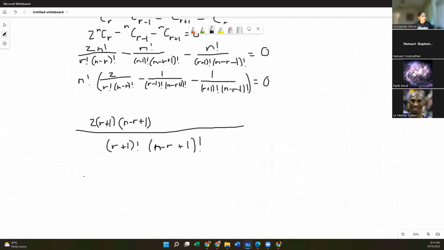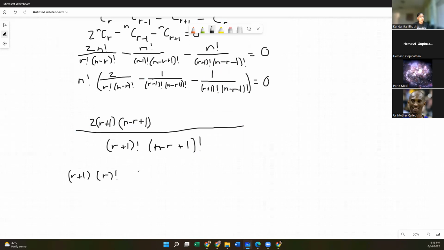Because r plus 1 factorial is just r plus 1 times r factorial, like we already established, right? You understand this, because I know you do. And over here we have r factorial, so the r factorial doesn't matter here. What matters is what we multiply r factorial by to get r plus 1 factorial. Okay. And then the same thing over here.